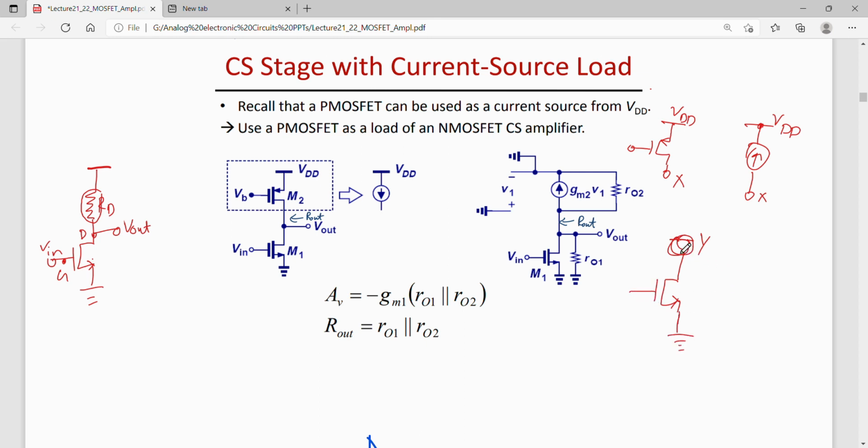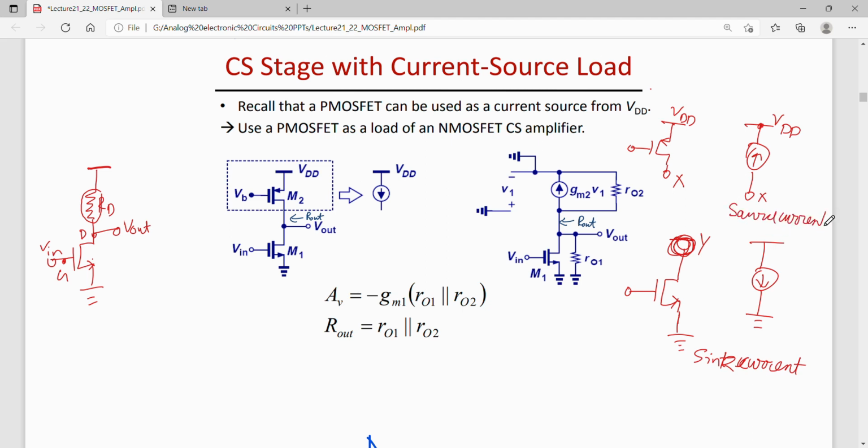So the job of this NMOS is to pick current from node Y and sink it to the ground. Or NMOS can be used for sinking the current to ground. So this can be used to sink current, and PMOS can be used to source the current.